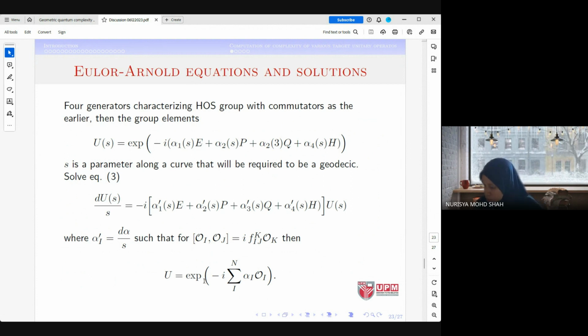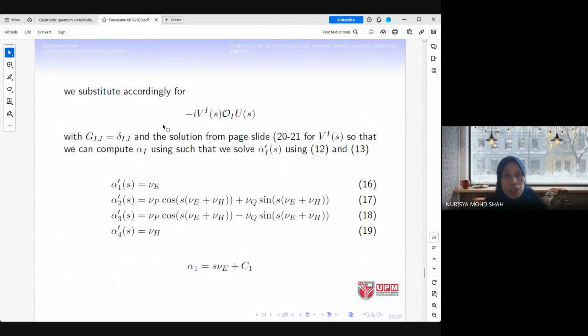Okay, let's see if I get it right. I'm afraid, do we have the exponential, or is it without exponential? Let me check. Yes, you do have the exponential. So exponential of minus i times the sum of i from 1 up to n of the unitary generators. Okay. So we substitute accordingly.